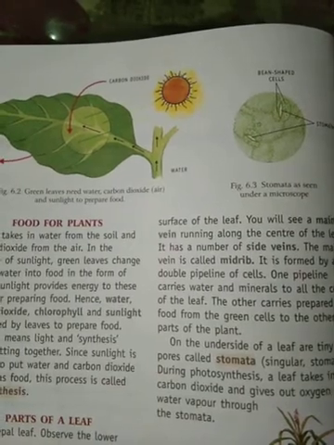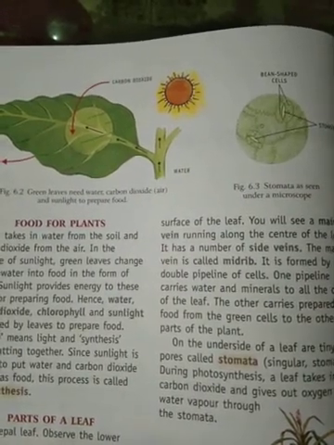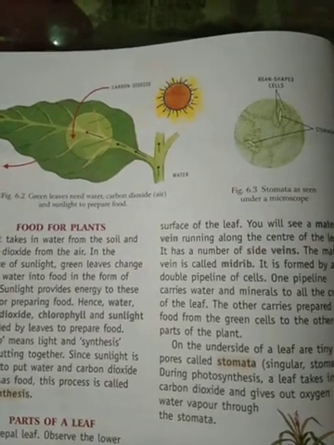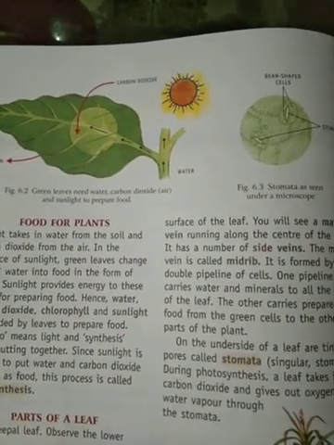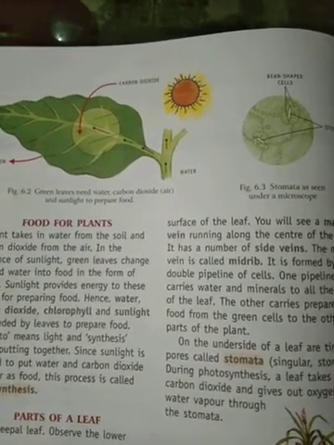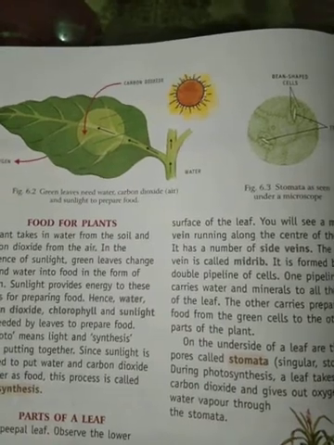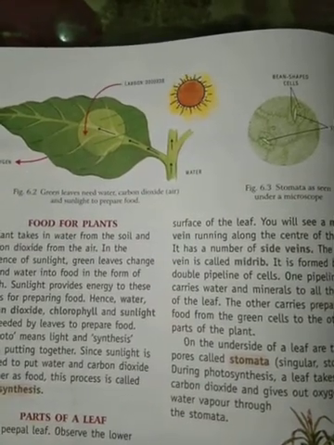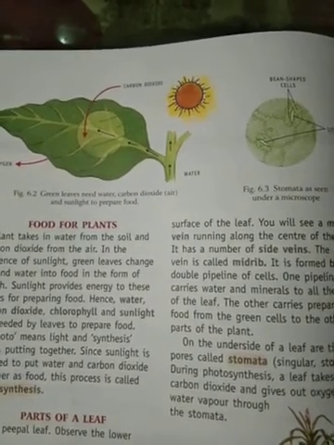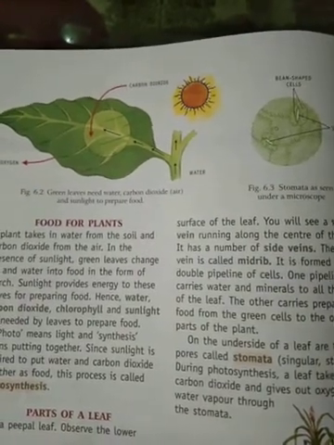Now air is another component, but actually air is a mixture of several gases. All the gases are not necessary for food preparation by a plant. The only gas that is responsible for preparation of food by a leaf is carbon dioxide. I hope all of you have heard about these gases: carbon dioxide, oxygen, nitrogen, hydrogen, argon.